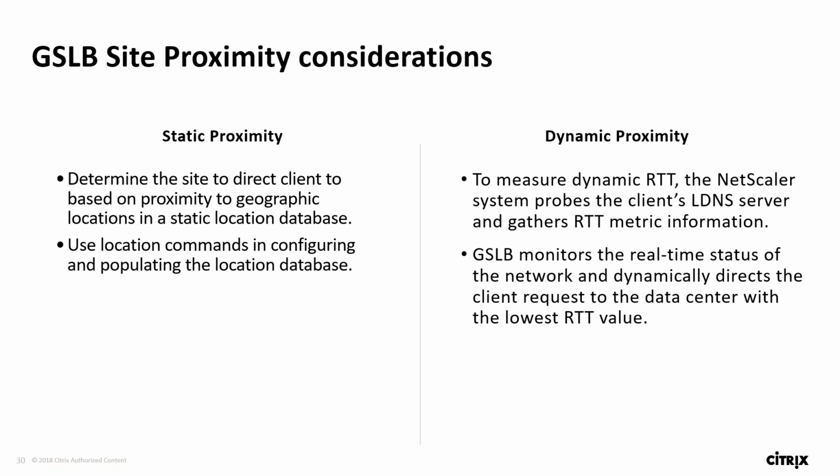Dynamic proximity, we measure dynamic RTT, or round-trip time. The NetScaler system probes the client's local DNS server and gathers the RTT metric information. The GSLB monitors the real-time status of the network and dynamically directs the client request to the data center with the lowest RTT value.